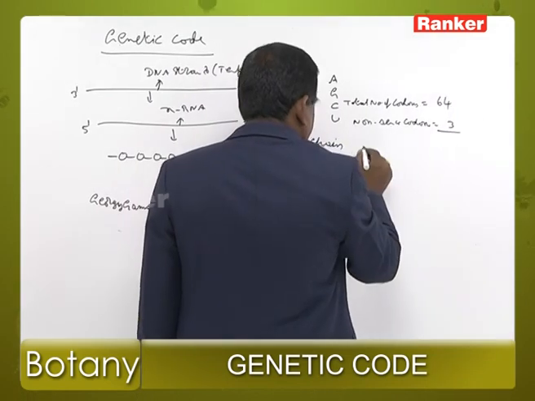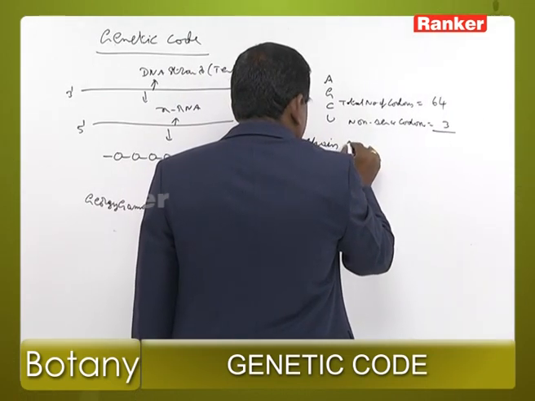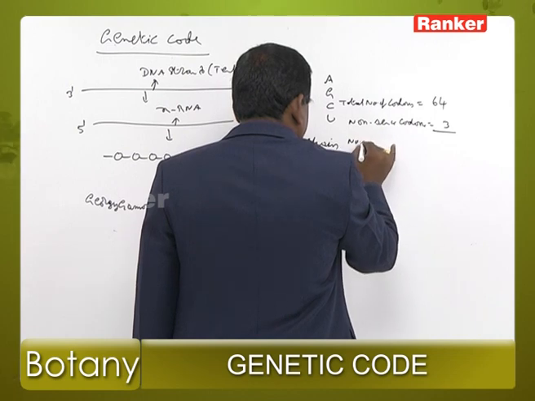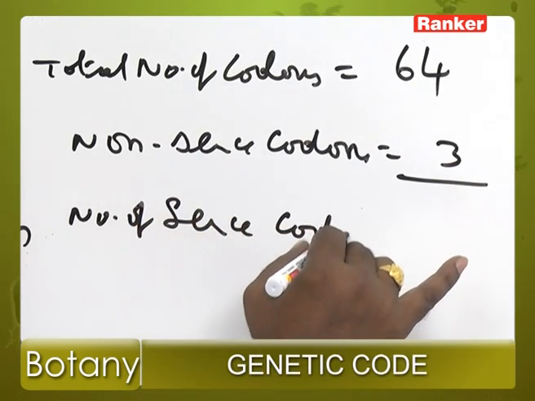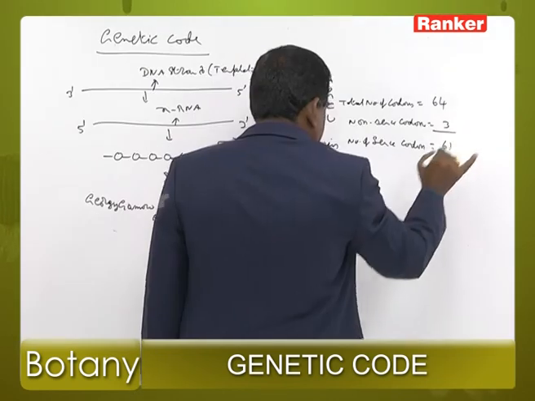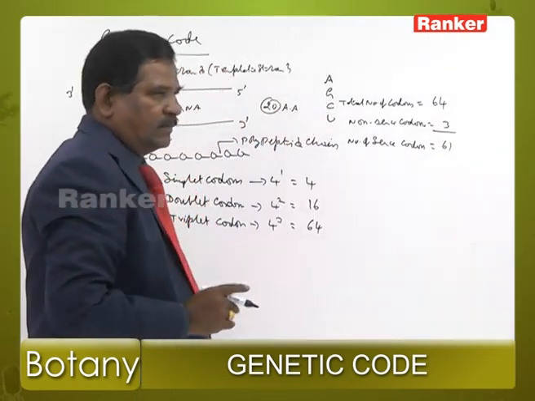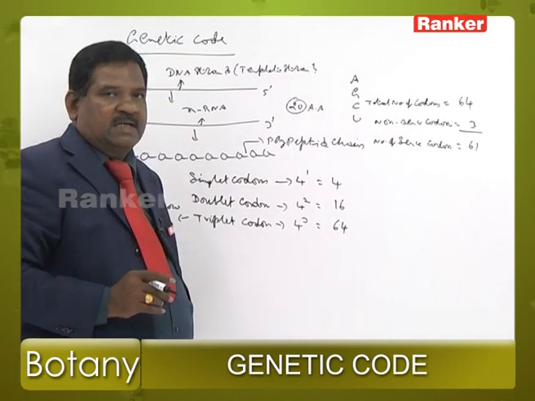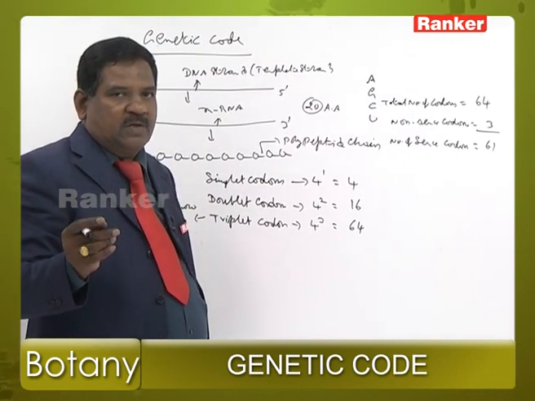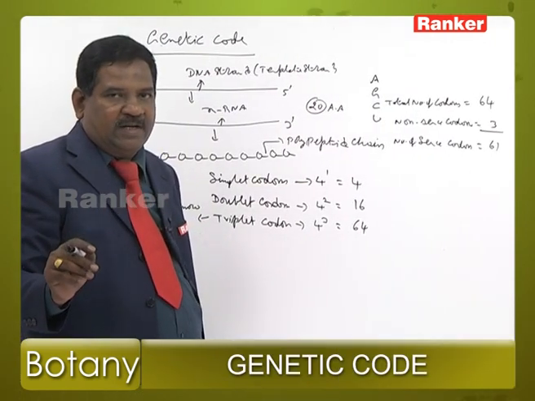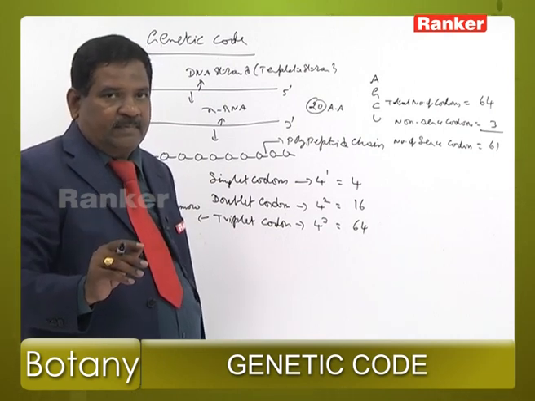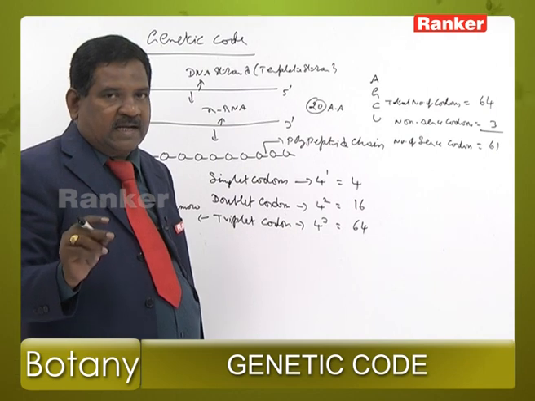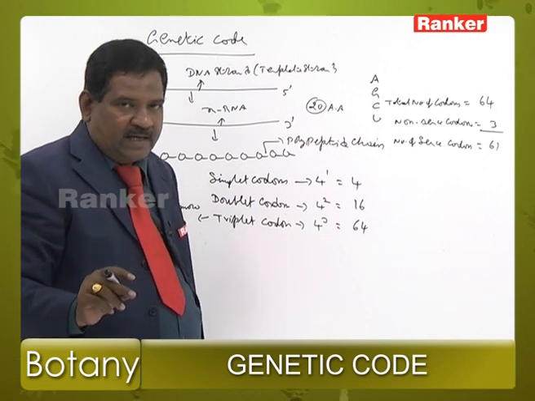The number of sense codons is 61. So, the total types of codons that recognize the 20 types of amino acids involved in protein synthesis is 61 only. And the types of codons that do not recognize any amino acids are 3.